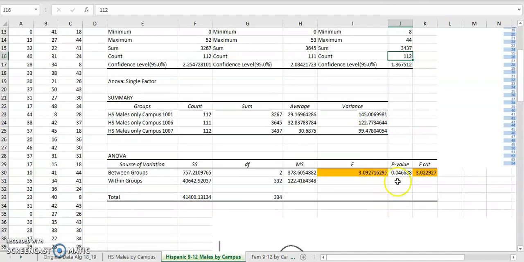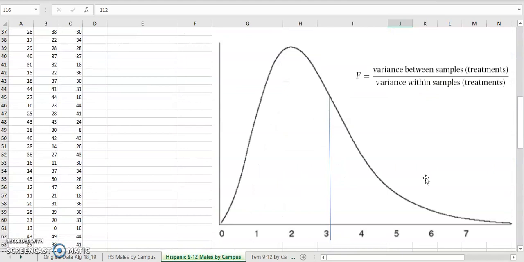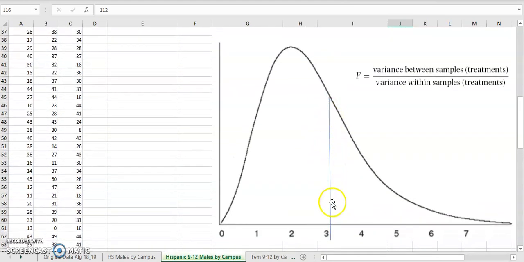The next thing I'm going to look at is my F critical, which is 3.022927. And if I plotted that on my F chart here, this is where I think would probably be that F critical.